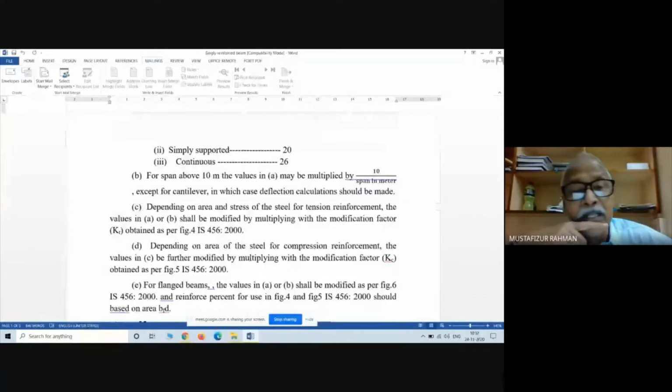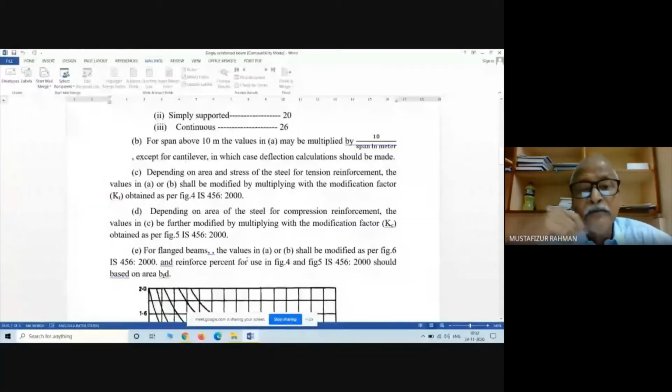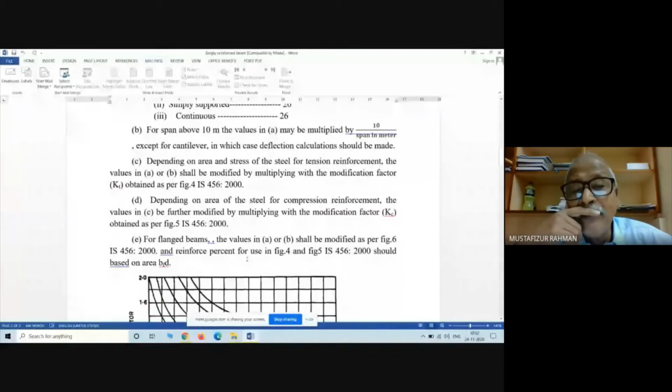For a span of more than 10 meters, the values may be multiplied by 10 by span in meters, except for cantilever, in which deflection calculation should be made. Now, depending on the area and stress of the steel, the tension reinforcement, the values in A or B shall be modified by multiplying with the modification factor.